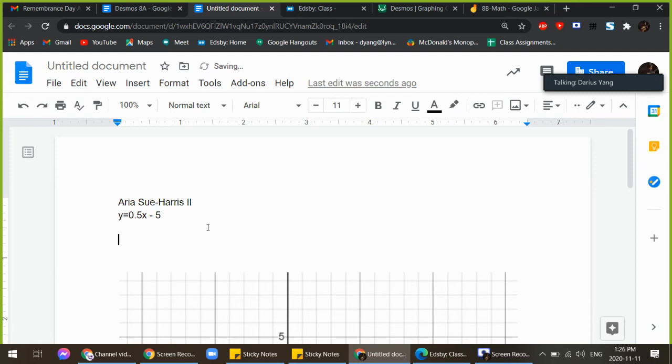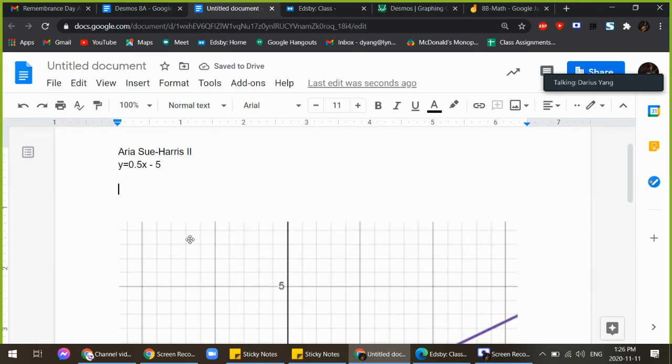Now I want you to find 3 things: the slope, the y-intercept, and the x-intercept. They're very easy. First of all, what is the slope of this line? 0.5. That's right. Last class we said delta y over delta x, right? No need, because we know the equation already. The slope is literally whatever is in front of x.